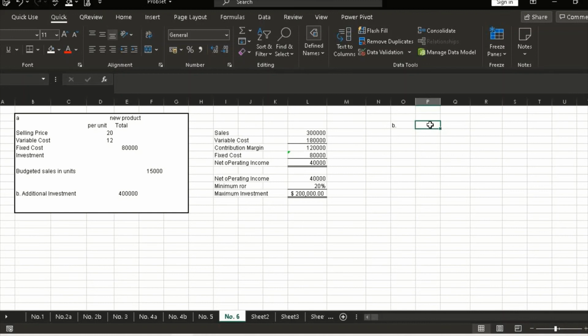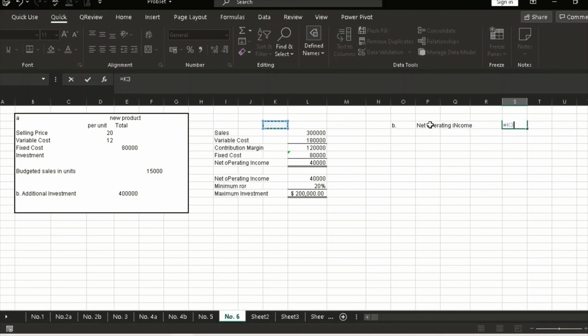To calculate the increase in unit sales that will justify the additional investment of $400,000, we must first compute for the residual income that is attributable to the new investment. As computed earlier, net operating income attributable to the said investment is equal to $40,000.